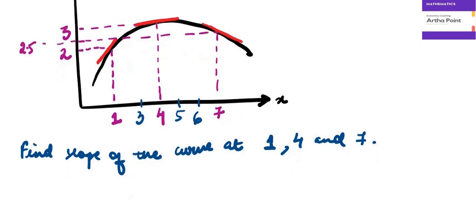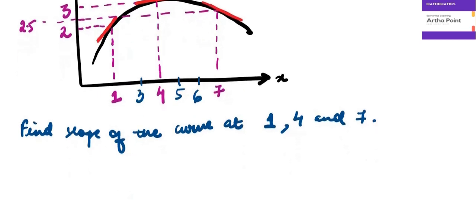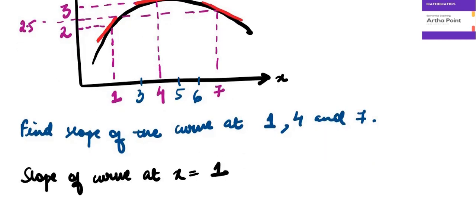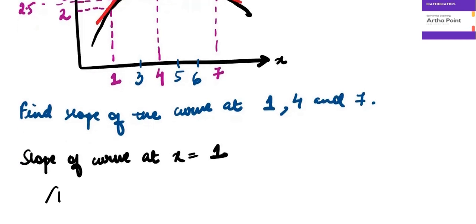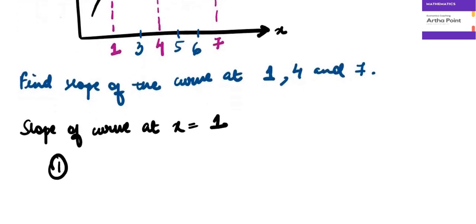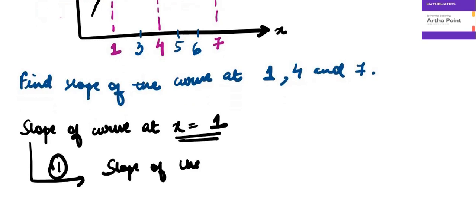Now, my question is the following. What is the slope of the curve at x is equal to 1? So how do I find the slope? One thing that I know for sure is that the slope of the curve at x is equal to 1 is the slope of the tangent.